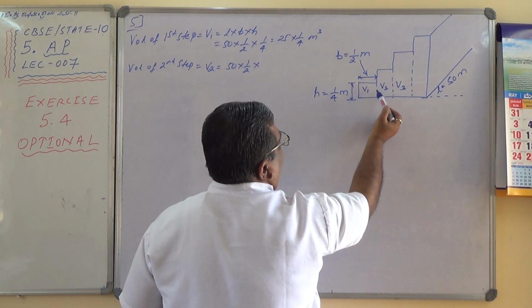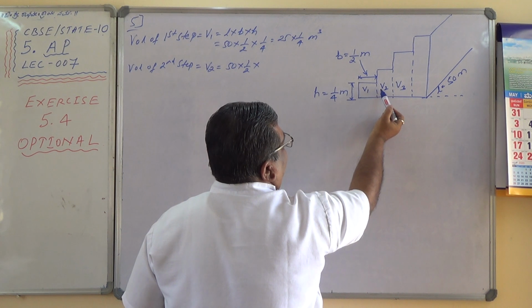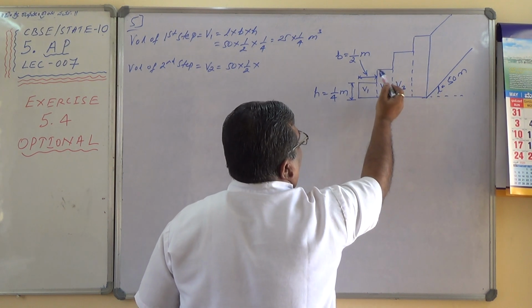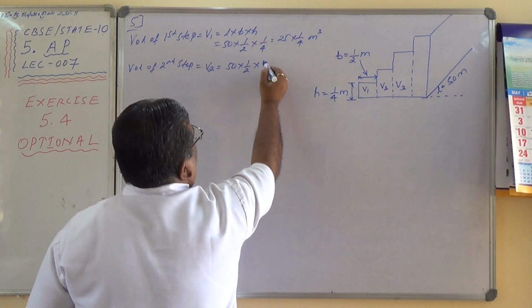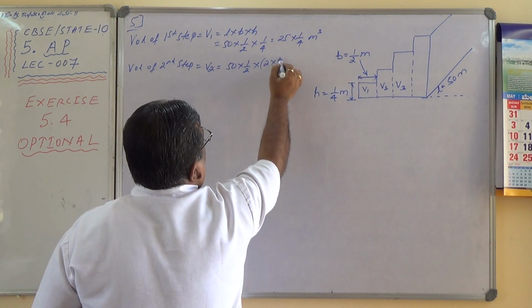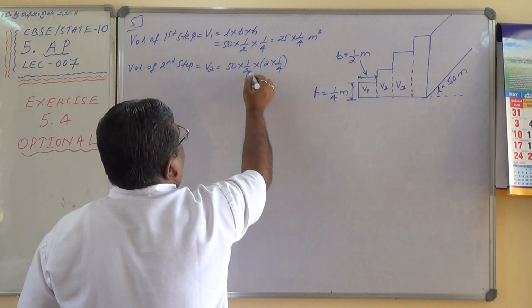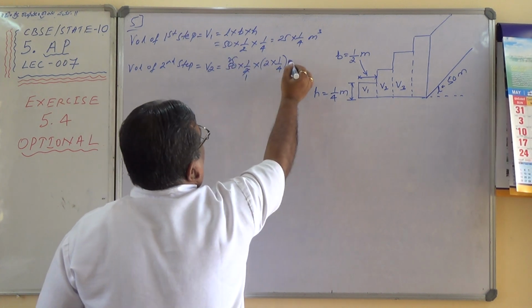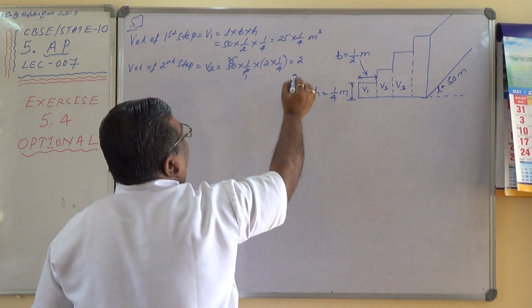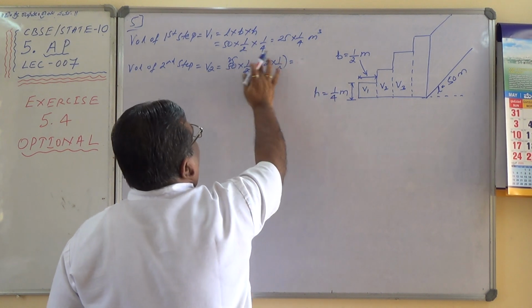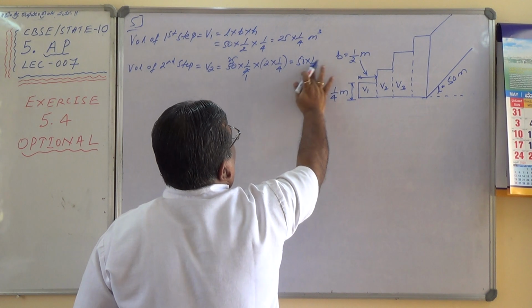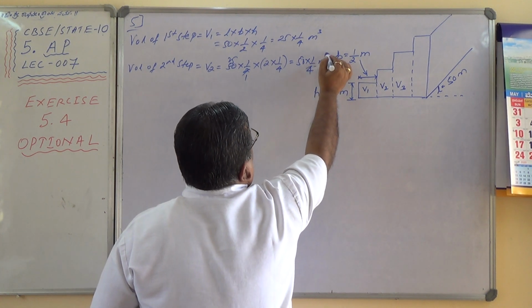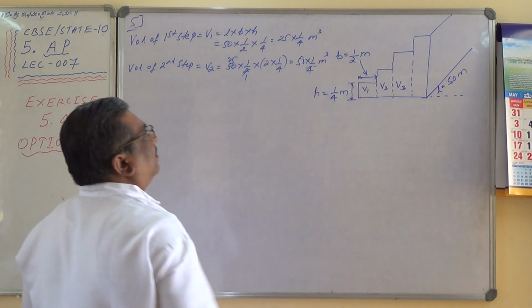Therefore volume of the second step is length into breadth into 2 times 1/4, which equals 25 into 2, 50, 50 into 1/4 cubic meter.